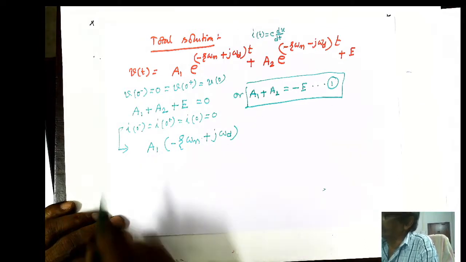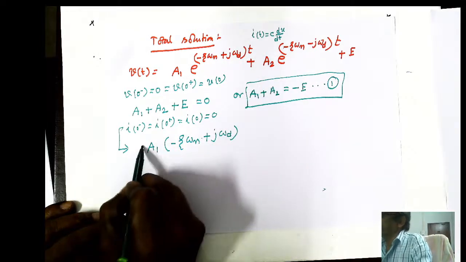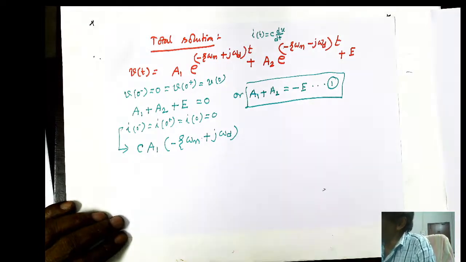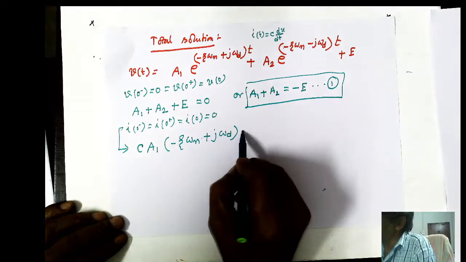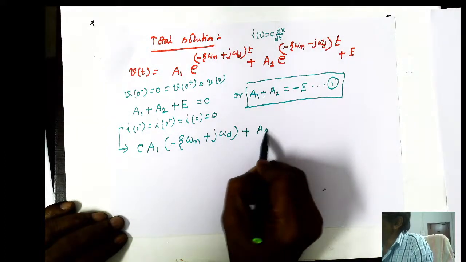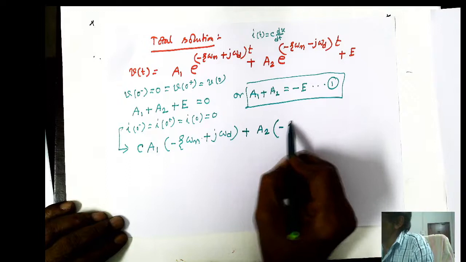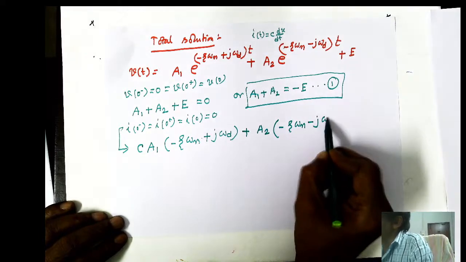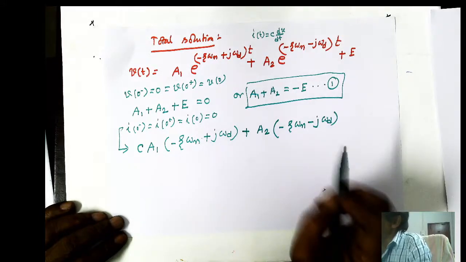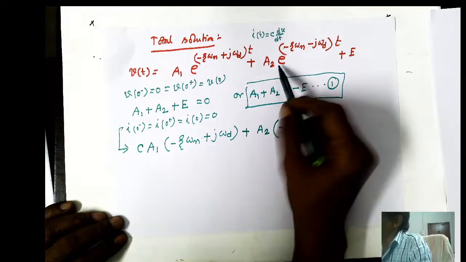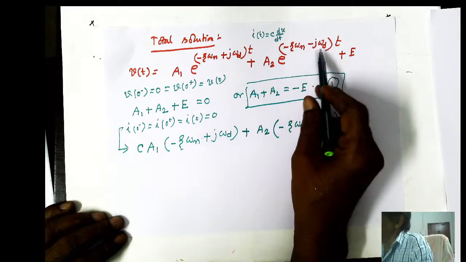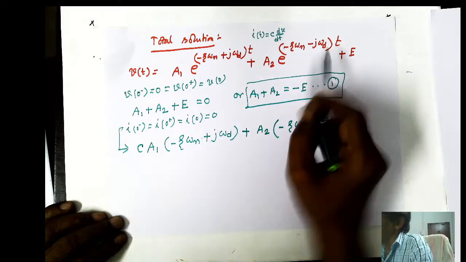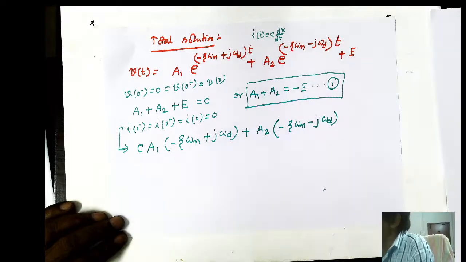C is the capacitance. This will give you the first term. Second term similarly will give you plus A2 into minus zeta omega n minus j omega d into e to the power minus zeta omega n minus j omega d into t, but you are going to substitute t equal to 0, so that will turn out to be 1, and of course C will be there.